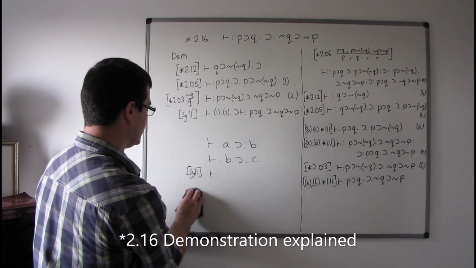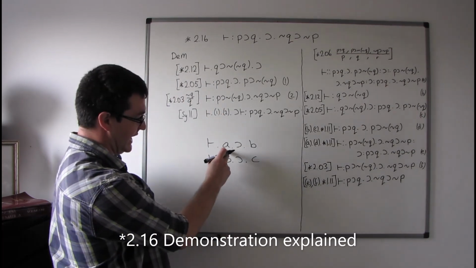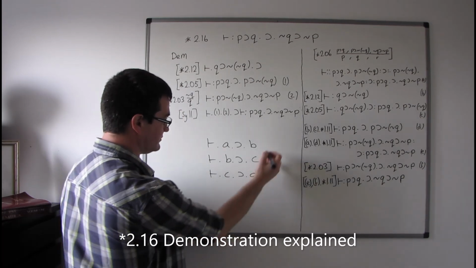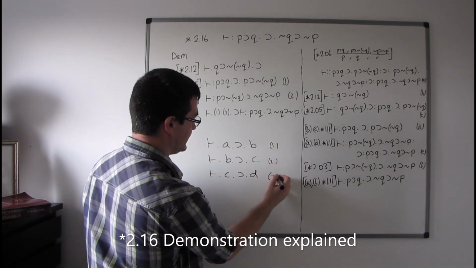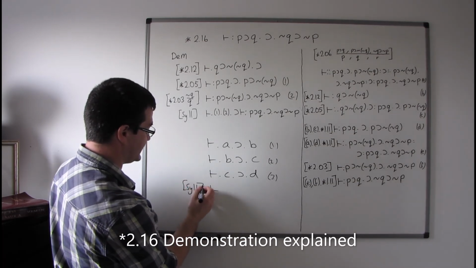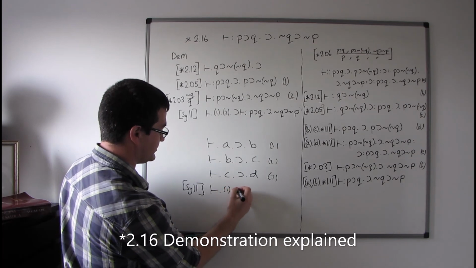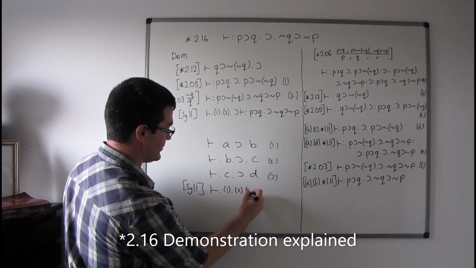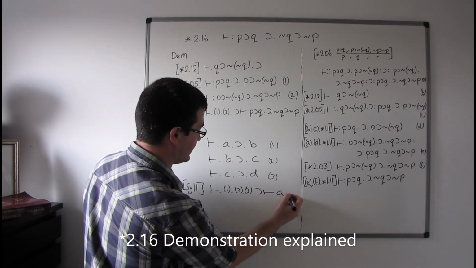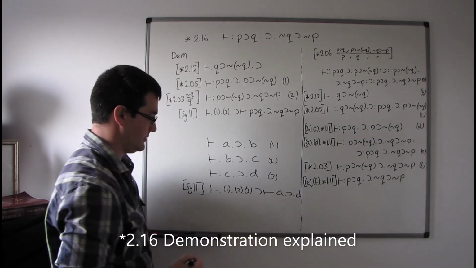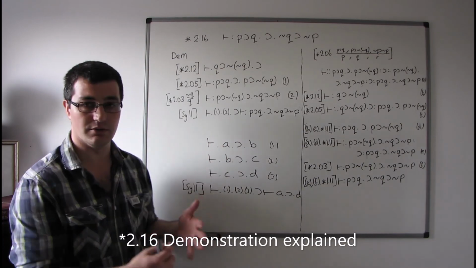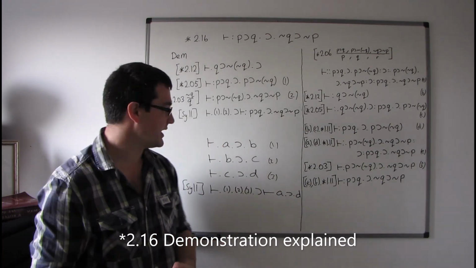So we might have not only A implies B, B implies C, but we might also have C implies D. Let's number these 1, 2 and 3. Then the next line in the reasoning here would look something like this. So we'd have the syll there, 1, 2, 3 implies A implies D. Okay, and we can extend this indefinitely, so it's not difficult to imagine how this is going to be extended.